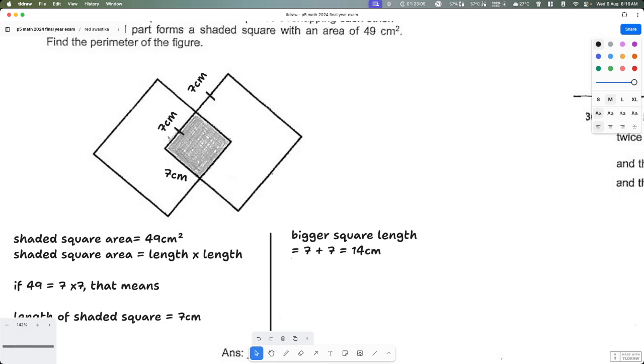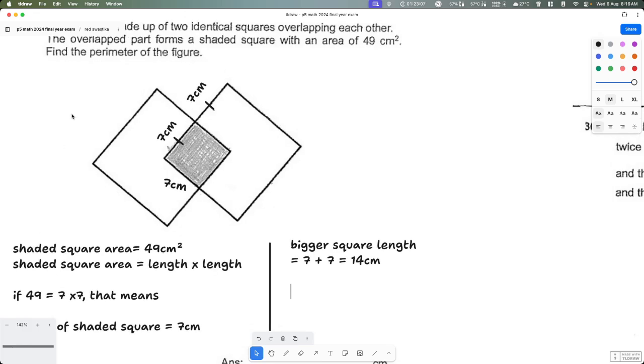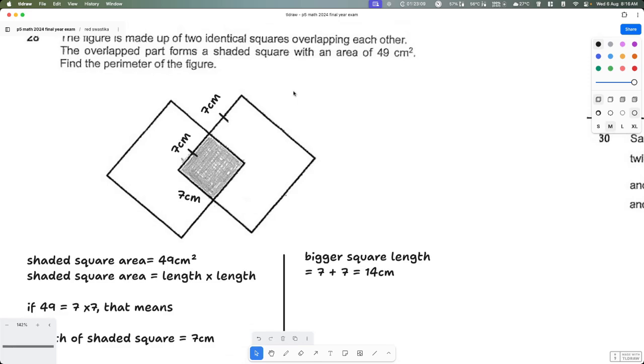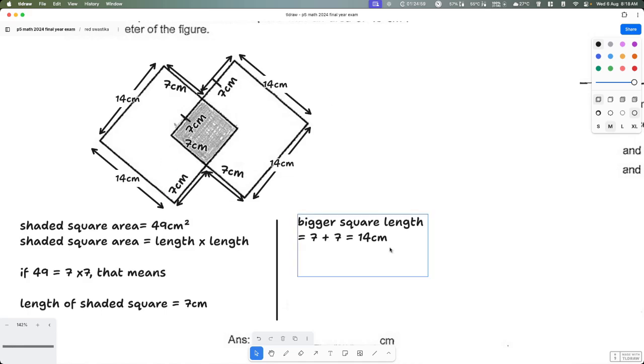Now can we calculate the perimeter of the figure? In this case, we just need to calculate how many sides there are that are exposed. We have 7, and then this is 14, this is 14, this is 14. I've drawn all the arrows as what you see over here.